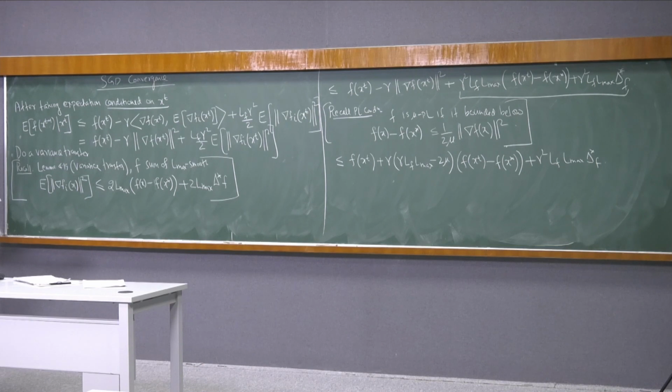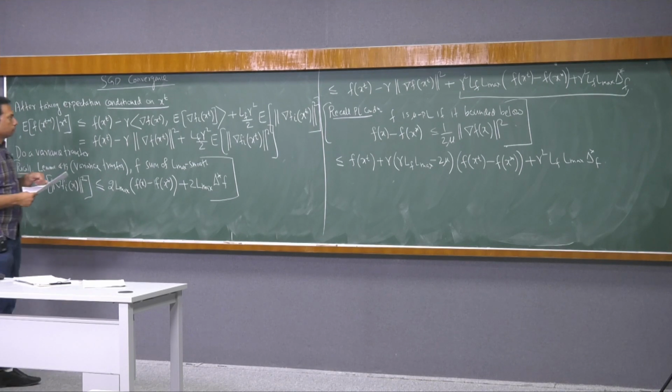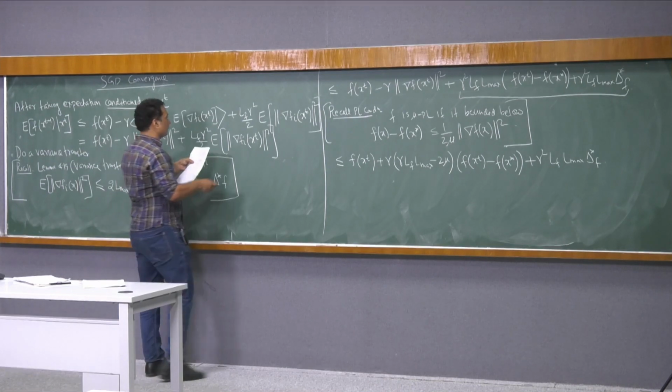So there should be a condition there, right? In the theorem, there was a condition on gamma LF L max. The step length was such that gamma was less than mu by LF L max. So this was given in the theorem.